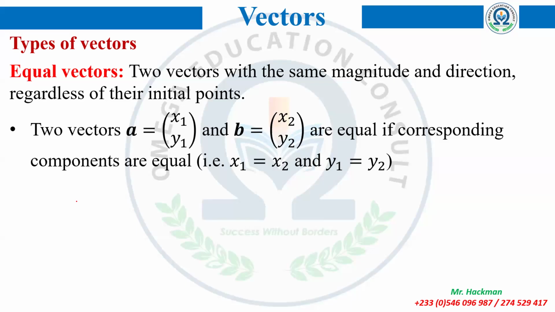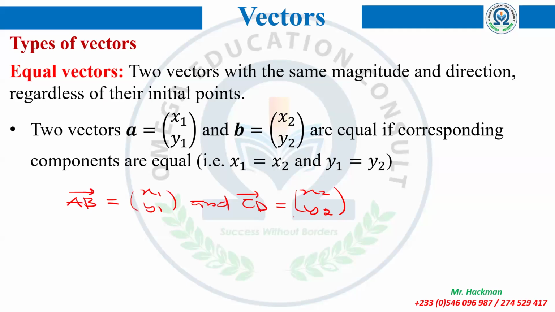However, I can have three vectors. So I can have a vector AB, also in column form with components x sub 1, y sub 1, and another vector, let me use CD, also with components x sub 2, y sub 2.